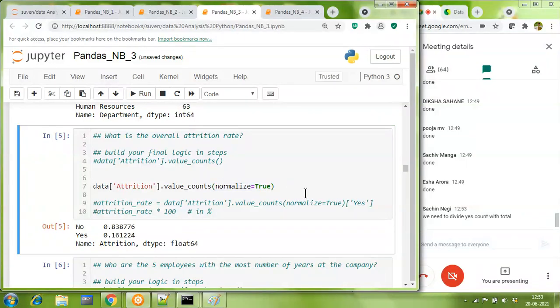When I say normalize equal to true, automatically my no and yes both get divided by the total number of employees. So we get 83.8% people are happy with the company. 16% people want to leave the company or are probable to leave the company if given some other opportunity.